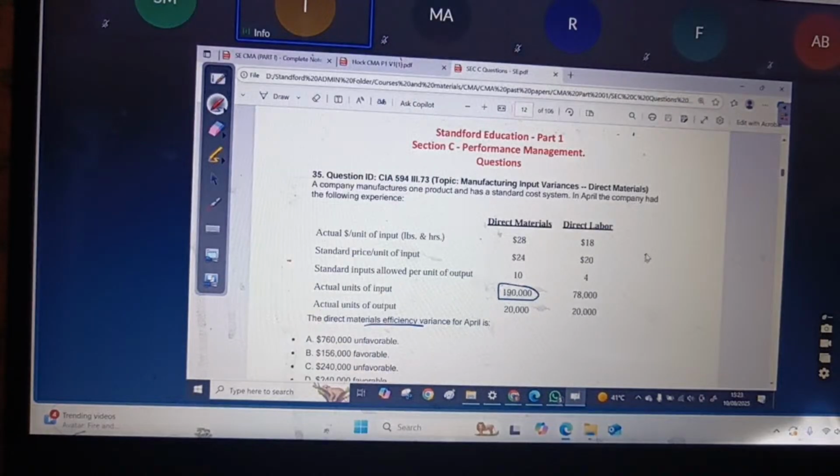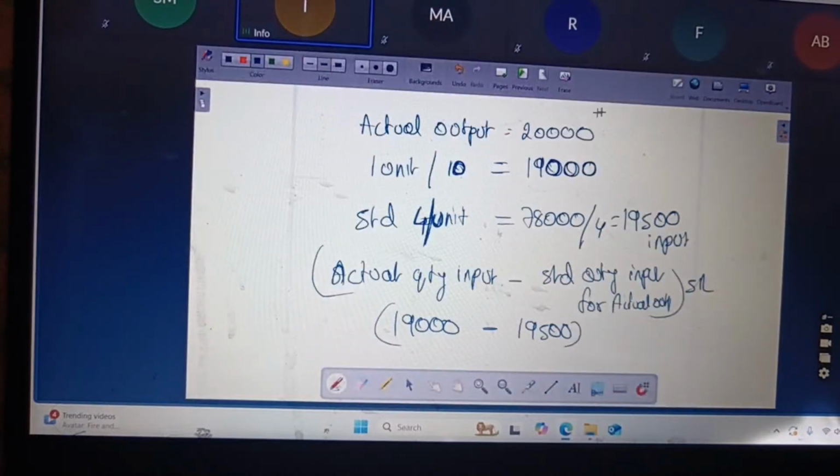Standard input allowed for actual output is 20,000 into 10. Okay, so that is 2 lakh. This is the actual output, this is the standard input. We get 2 lakhs. I got it. I'm sorry, I didn't see this was direct labor.